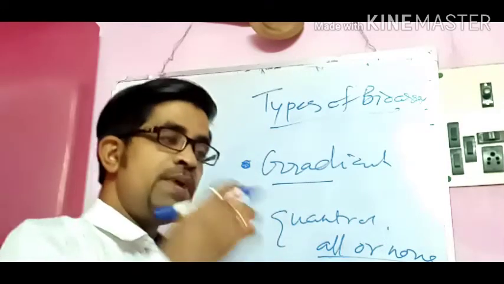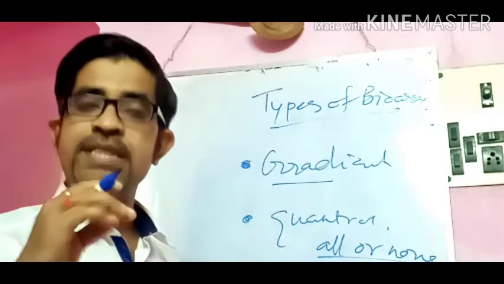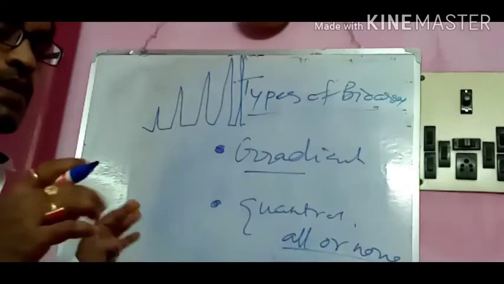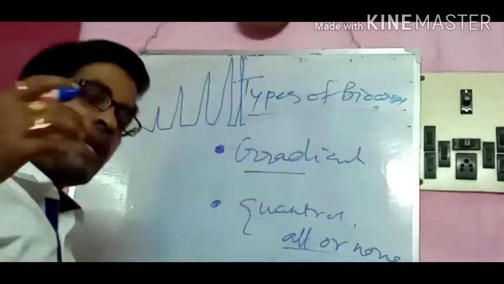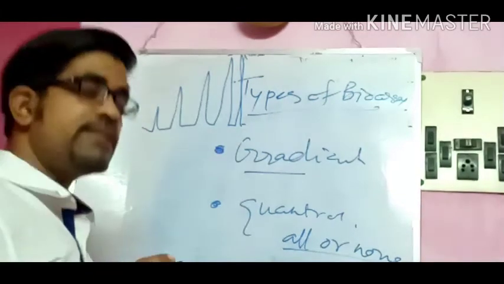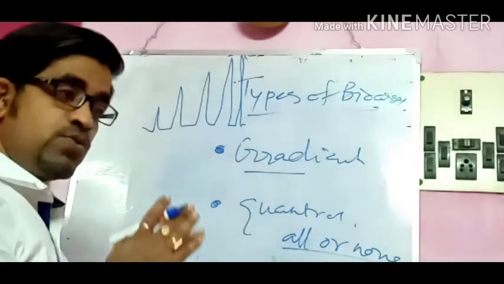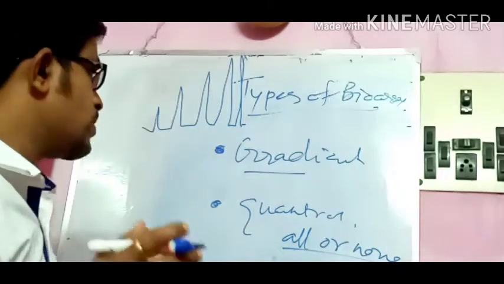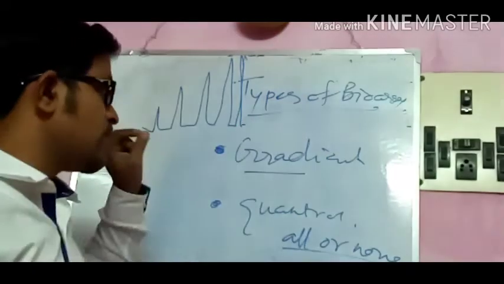This geometrical progression, you are increasing. Gradient method means you give in a dose dependent manner, and the response will increase. As the dose increases, the response length will also increase. This is the gradient method.